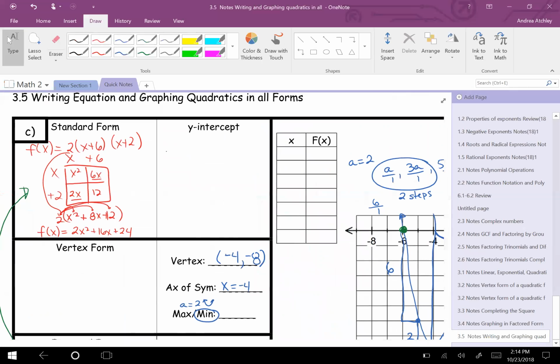I'm going to use my original equation of f of x equals 2 times x plus 6 times x plus 2. And my x value is 0. On the y-axis, my x value is 0, so I'm going to plug in 0.